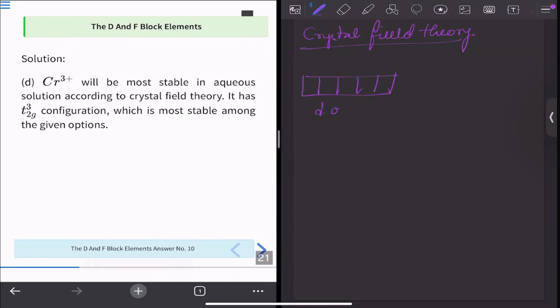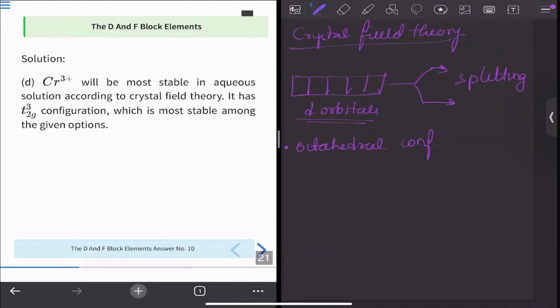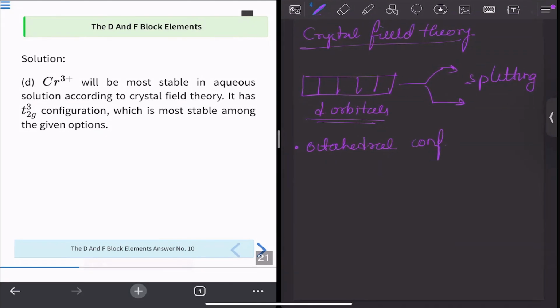According to crystal field theory, there is splitting of these d orbitals. The splitting is different for octahedral and tetrahedral. We are seeing the octahedral configuration splitting. There will be presence of two, here it is 5.